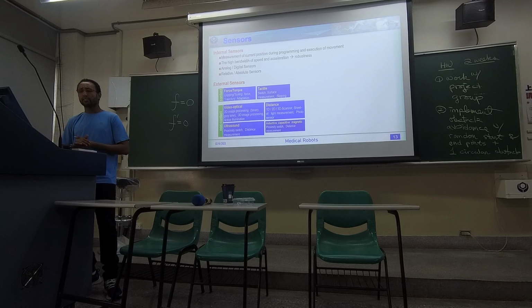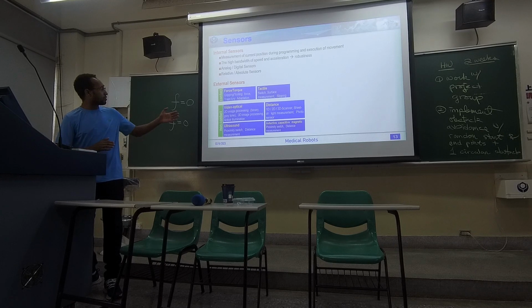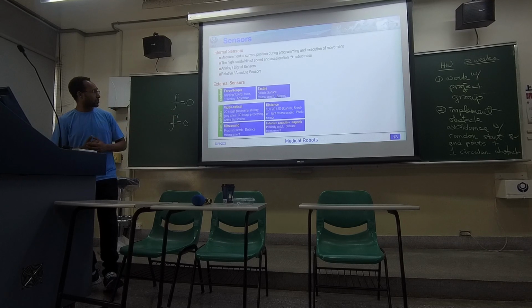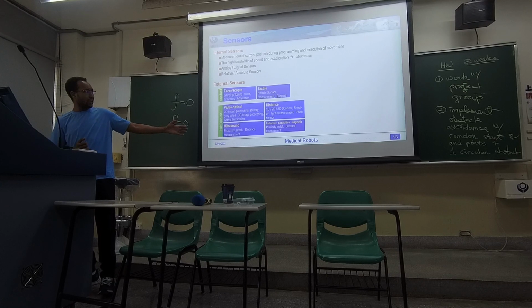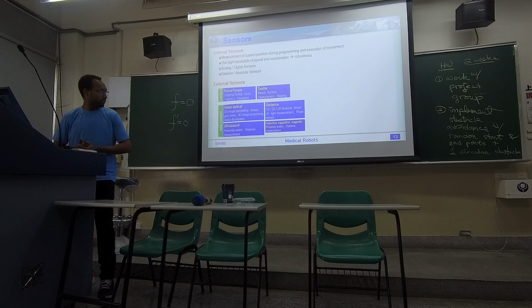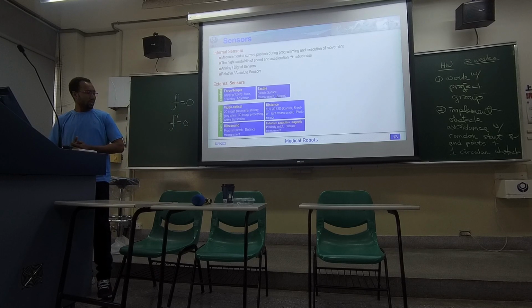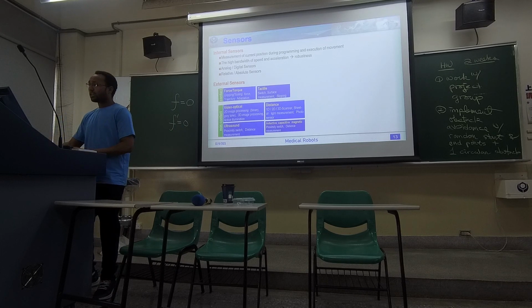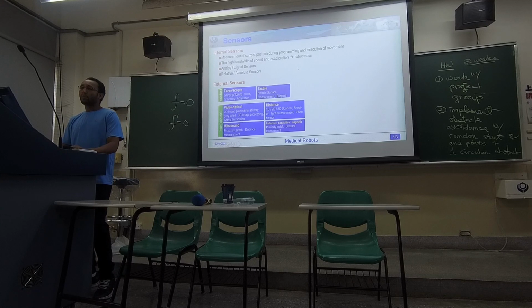And external sensors are non-contact and contact. For contact, we have force and torque sensors and tactile sensors; for non-contact, video, optical distance sensors, ultrasound, and inductive, capacitive and magnetic sensors will be applied to different medical robots.